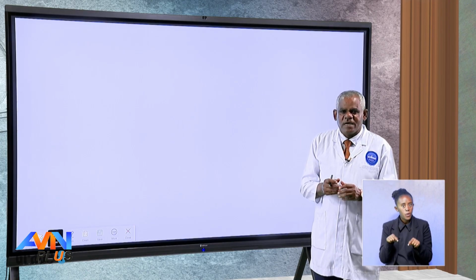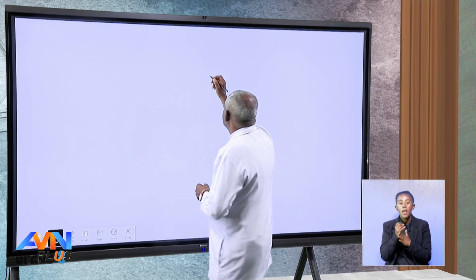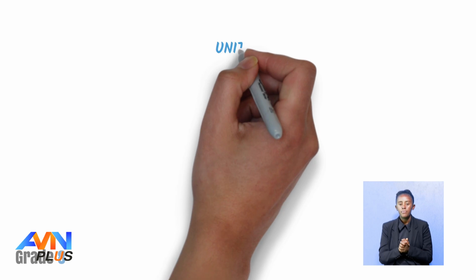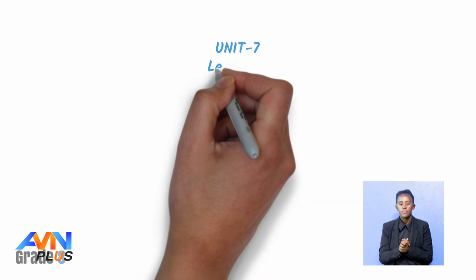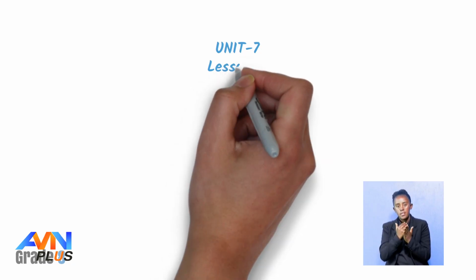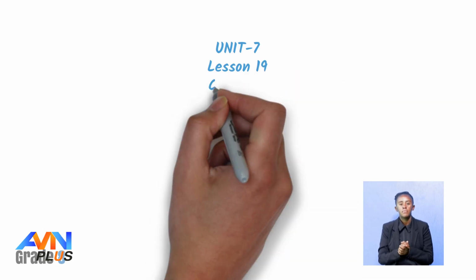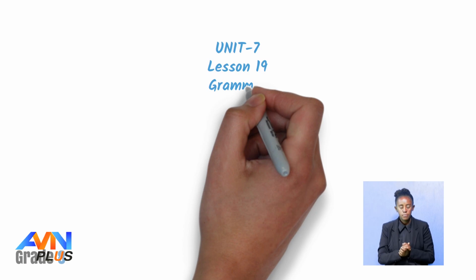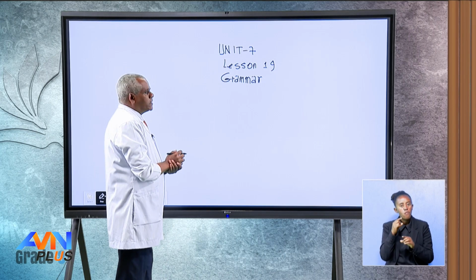Today, as I have informed you, is a part of Unit 7. This is Lesson 19, grammar. What kind of grammar are you going to see today?